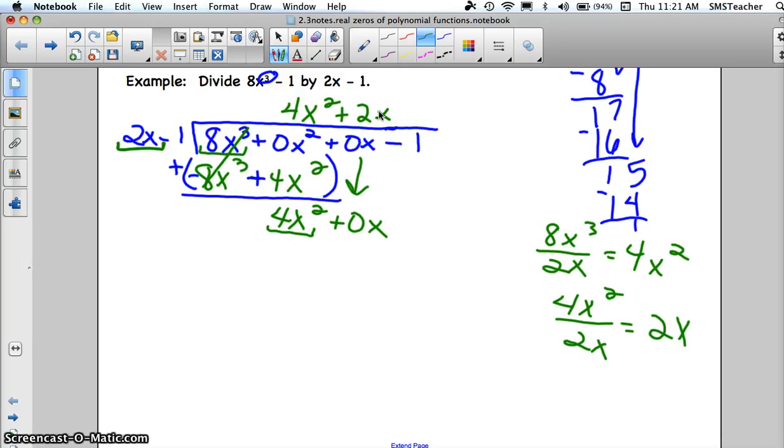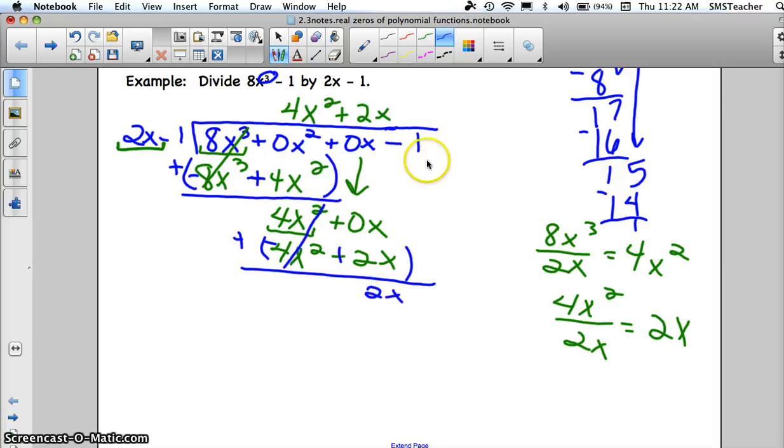Now multiply. 2x times 2x is 4x squared. 2x times -1 is minus 2x. We'll continue our steps of long division by subtracting. We subtract the entire binomial, so this becomes plus a negative and plus a positive. The 4x squareds cancel, and we have 2x, and now bring down the -1.